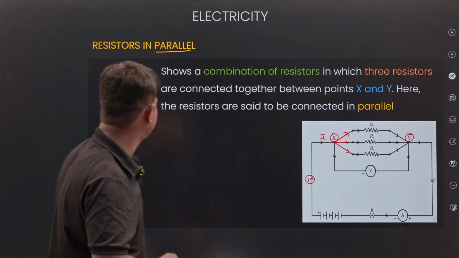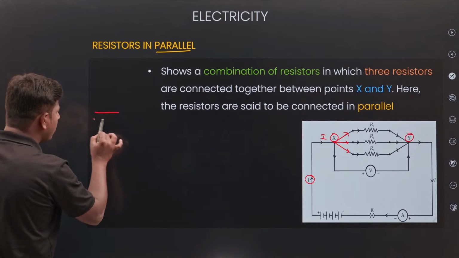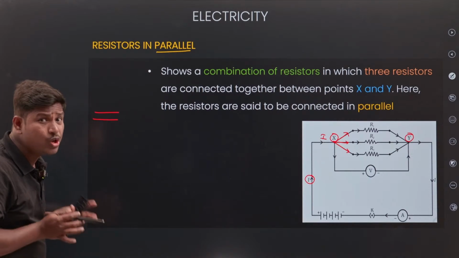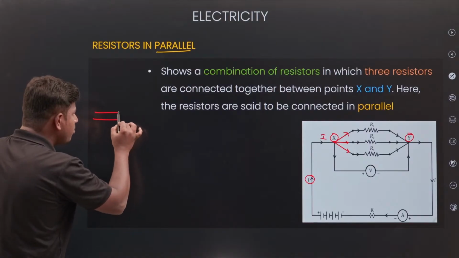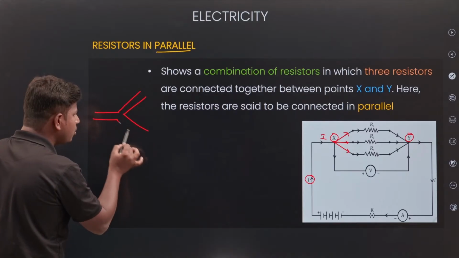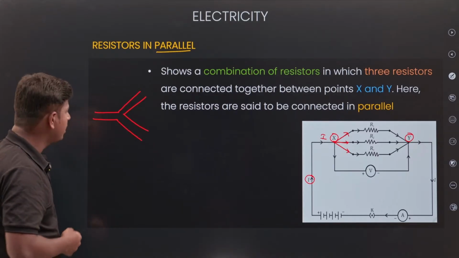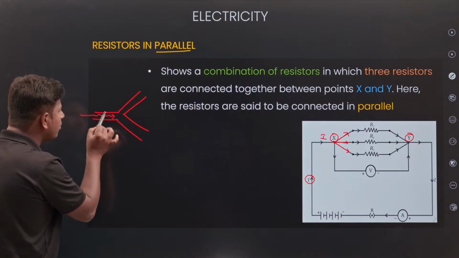For example, simply see here, I am taking one tube, and to this tube I connected another two tubes. Water flow is there.